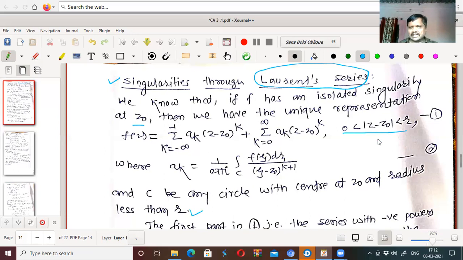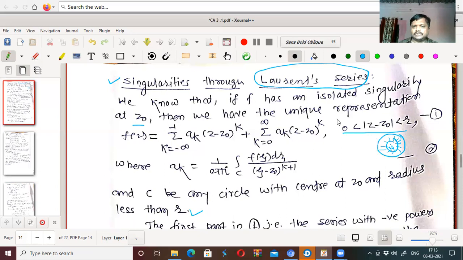Now this is the annulus. 0 less than mod z minus z0 less than r is the annulus, right? It is the annulus whose radius is greater than 0 and smaller than r. It is like this, and this is z0 somewhere. So this is your mod z minus z0 less than r.